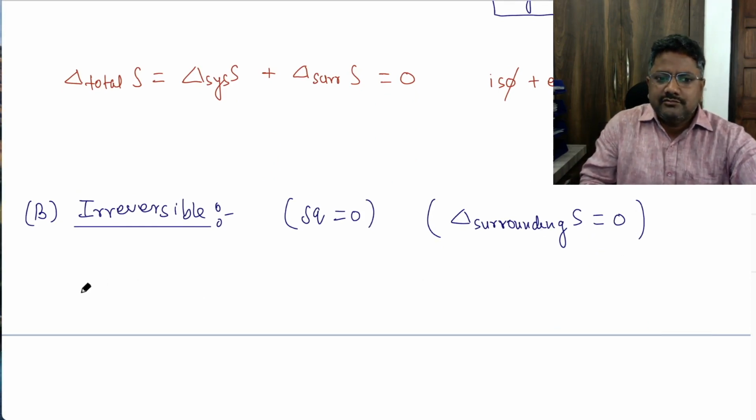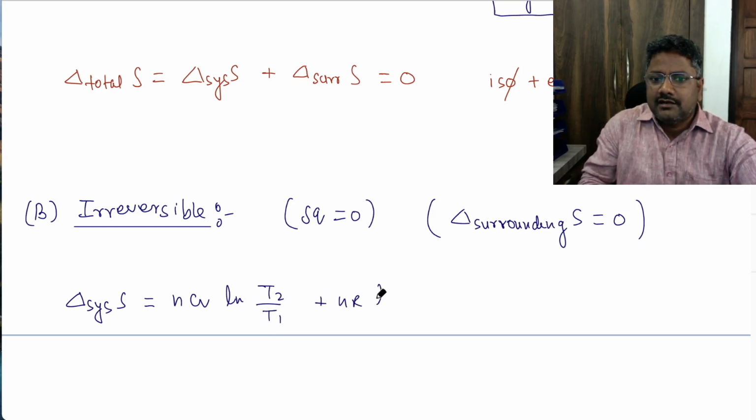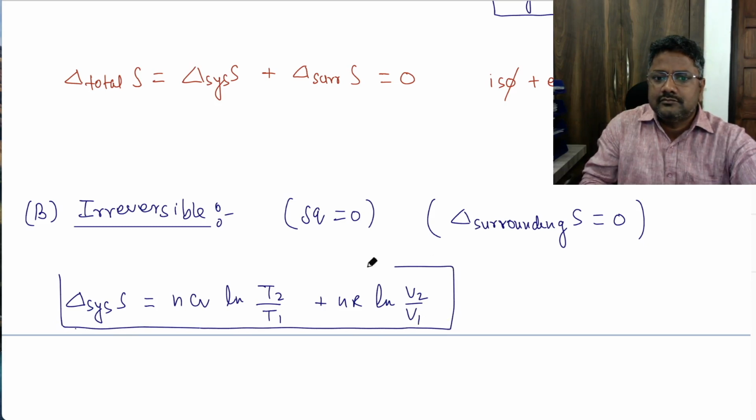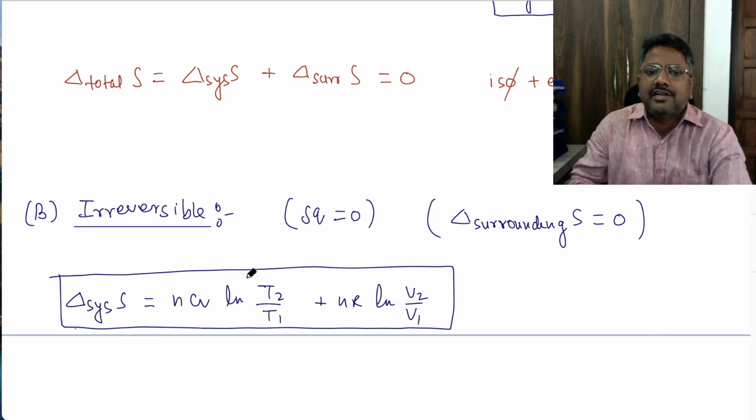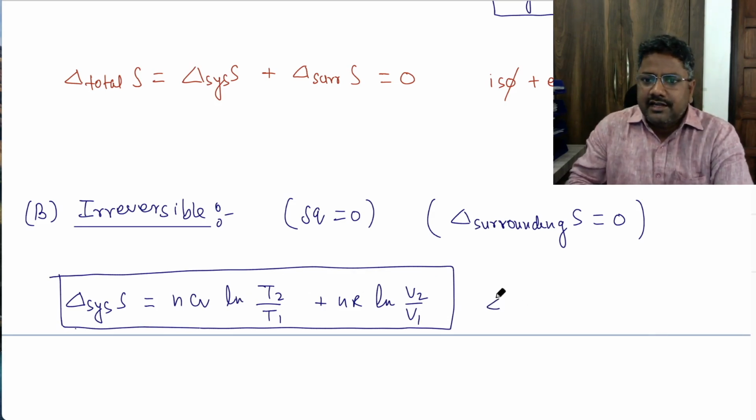Then what about system? The same formula, as we know that we don't have a different formula for this. So n Cv ln T2 by T1 plus nR ln V2 by V1. But this time these two terms are not cancelled to each other. Means you can say delta S system is not equal to 0.